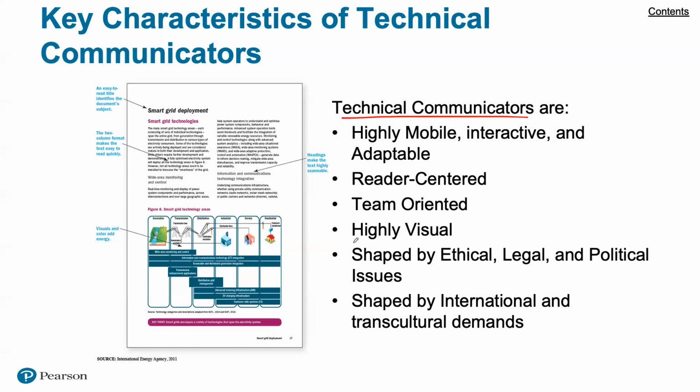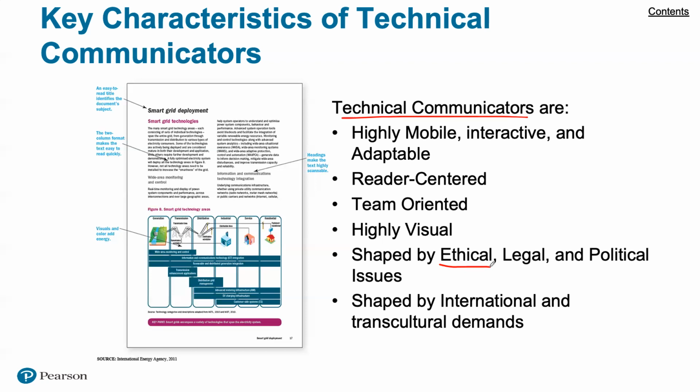You want it to be highly visual. Here you can see that there are all kinds of headers, subheaders, figures, tables, text boxes. All of these are ways you can help make it visually appealing and easily accessible. It's shaped by ethical, legal, and professional issues, and definitely these are all things we want to be considering.